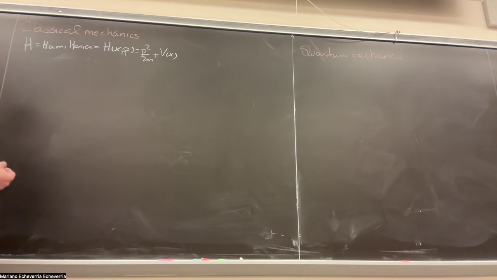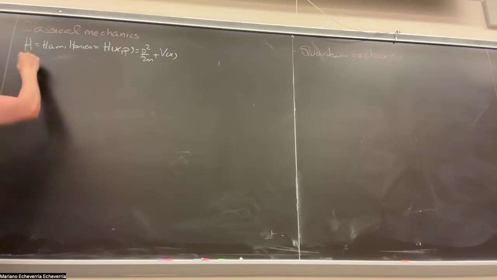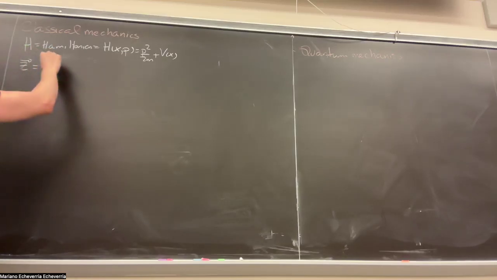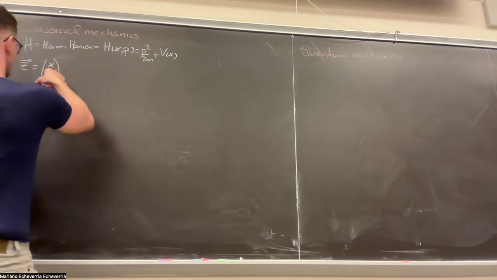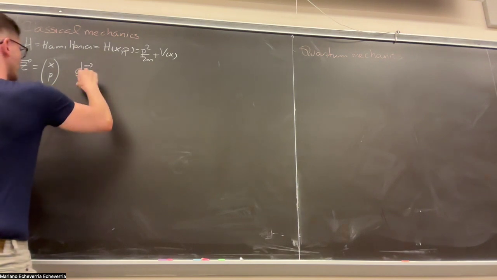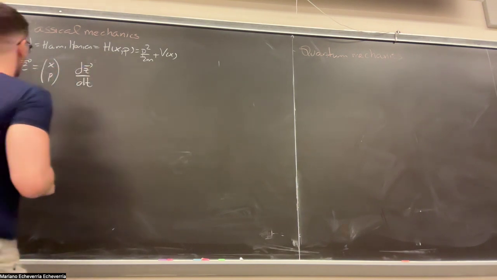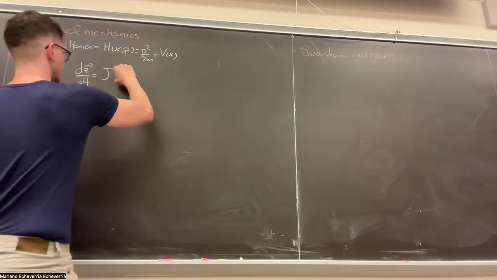So the equations of motion coming from the Hamiltonian were a system of equations, right? If you define a vector (x, p), then Hamilton's equations were an equation for how these two coordinates change over time, and it gave you something like this.